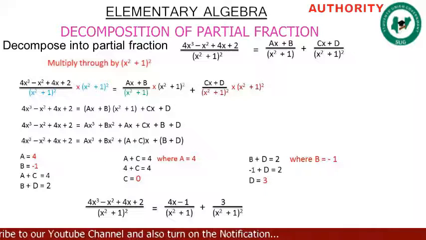And then we have our c to be 0, so 0 times x gives us 0x, which is 0. Plus our d is 3, so we have 3 all over x squared plus 1 in bracket raised to power 2.